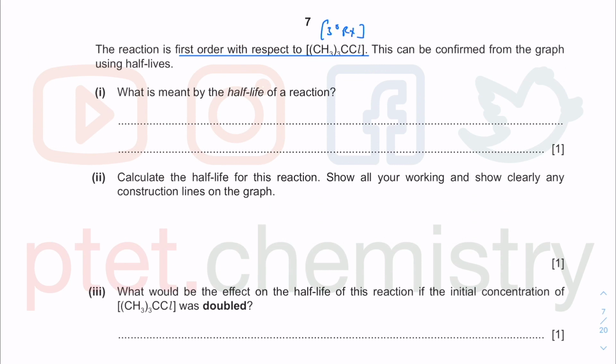What is meant by... Oh, I thought they actually asked what is meant by first order. The order of reaction is defined as the power to which you must raise the concentration in the rate equation. But order of reaction is not asked here.